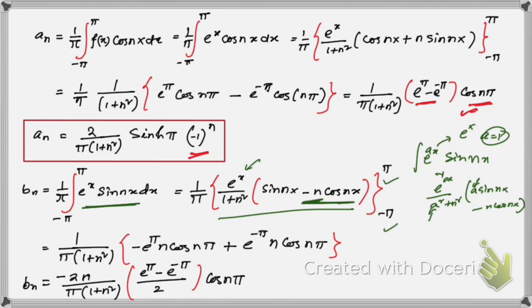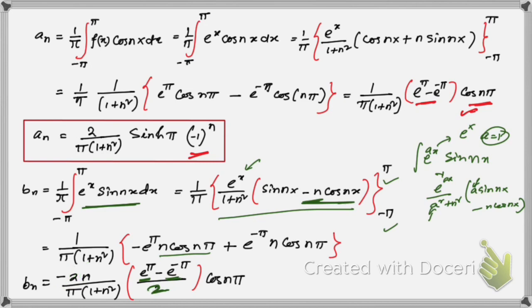So from these two terms we can take n cos n pi common, and this minus is also taken common, and then we have e to the power pi minus e to the power minus pi, right? Then to divide this term, e to the power pi minus e to the power minus pi, by 2, one more 2 is multiplied here, so that if you cancel these two, you again get this term, right?